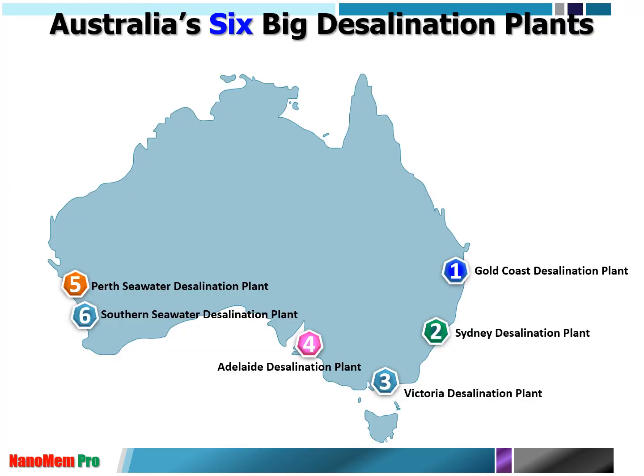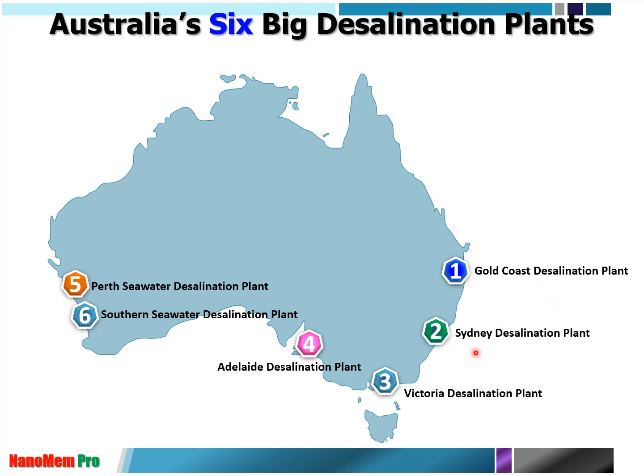And let's look at the differences among the 6 desalination plants in Australia. During the Millennium Drought, 2000 to 2010, most desalination plants were built. The first one is the Gold Coast Desalination Plant.